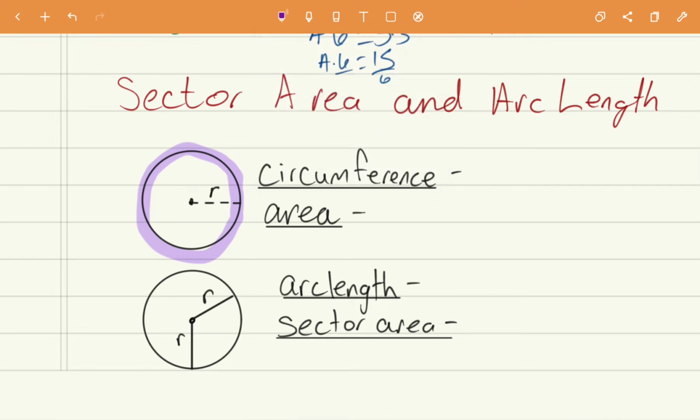And the formula for that is 2 pi r, where r is the radius. Now area, that is everything on the inside of the circle, how much space that circle takes up. And that is equal to pi r squared.